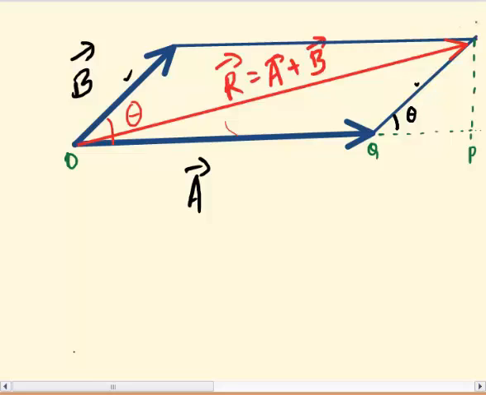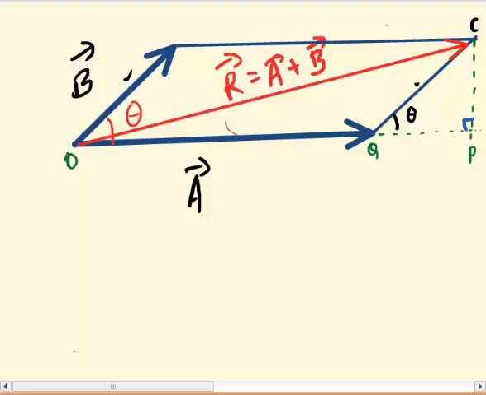Let's call this point C. Now, there are two right angle triangles as you can see here. This will be 90 degrees. So we are observing two right angle triangles, OCP and QCP. From there we can find the length of this diagonal.